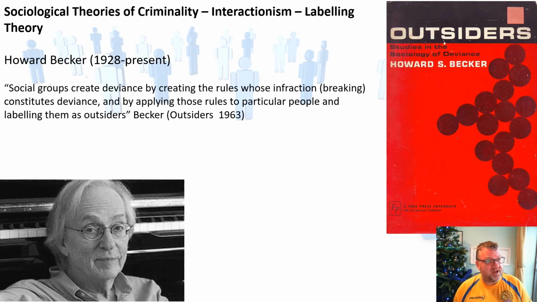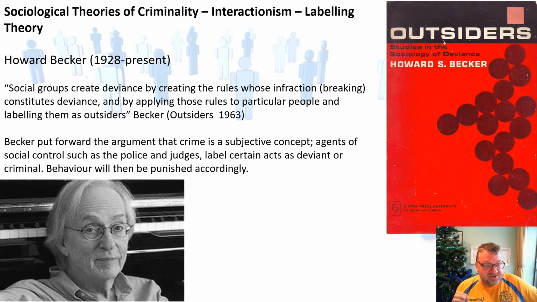But briefly, he said in his important book, The Outsiders, that social groups create deviance by creating the rules whose breaking constitutes deviance, and by applying those rules to particular people and labelling them as outsiders.